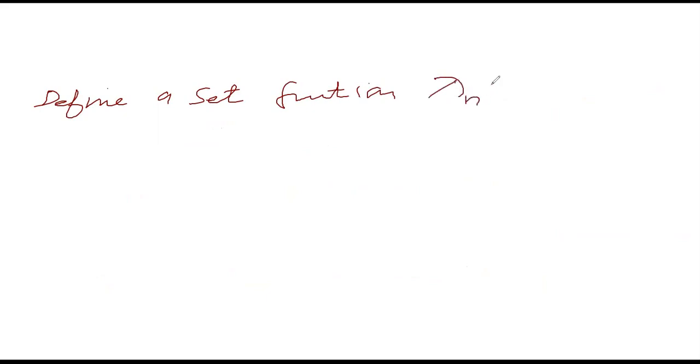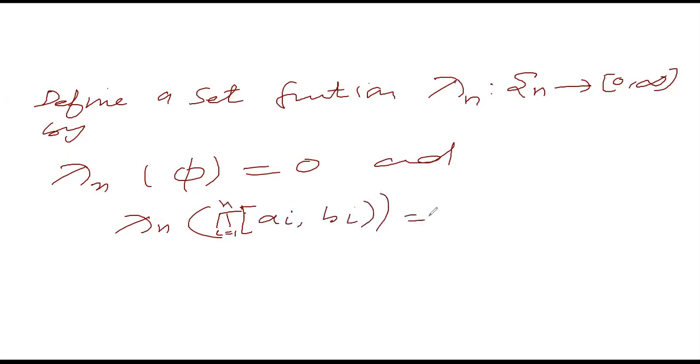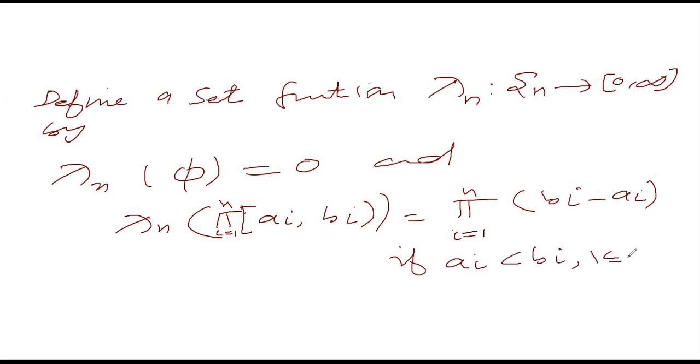So this is a semi-ring. Let's define a set function lambda n from Sn to [0, infinity) by lambda n of the empty set is 0, I will set this as 0, and lambda n of a non-empty set, meaning the product of n copies, i runs from 1 to n of [ai, bi), is equal to the product of the lengths, the product as i runs from 1 to n of (bi minus ai), if ai is less than bi for 1 less or equal to i less or equal to n.